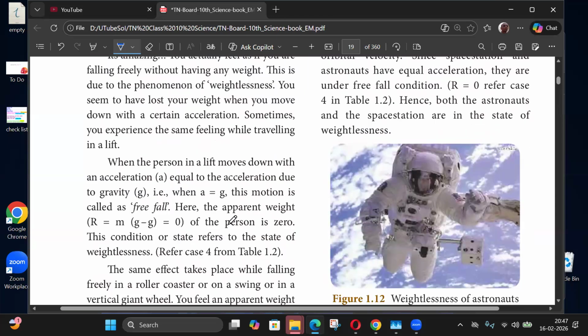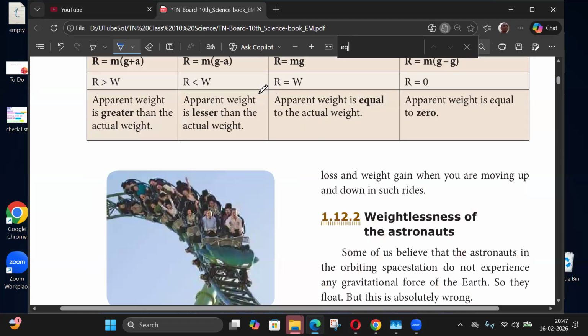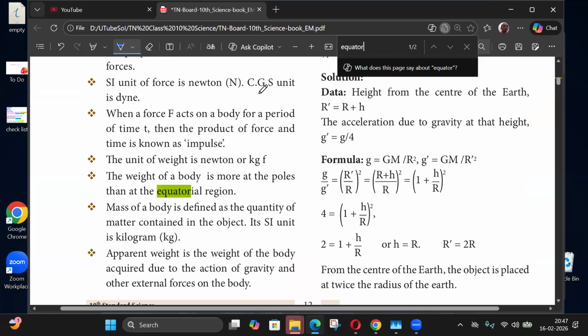There is no discussion about the equator in this one. Weight of the body is more at the poles than at the equator.